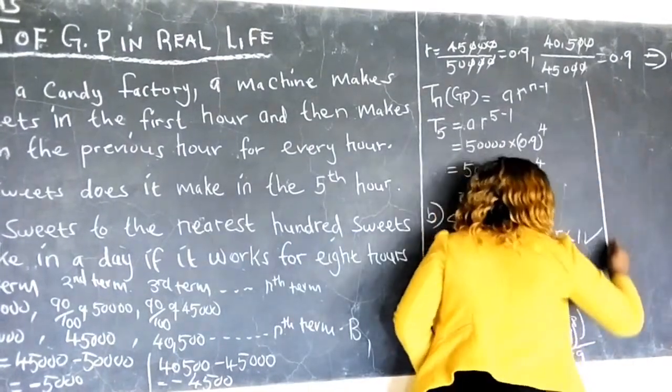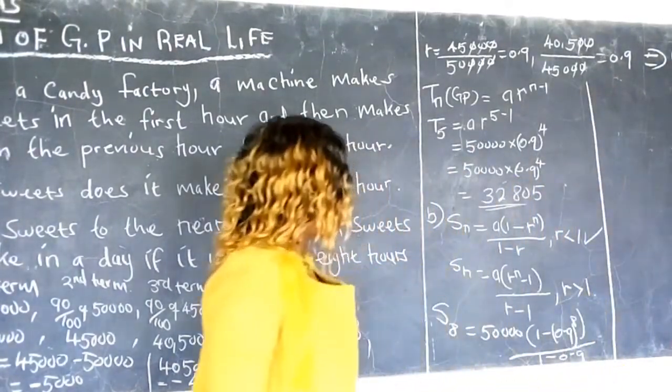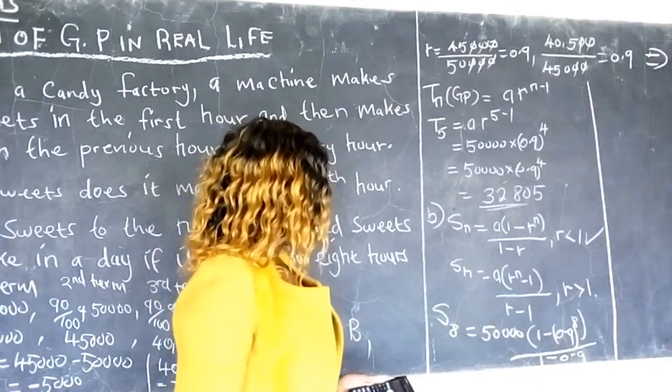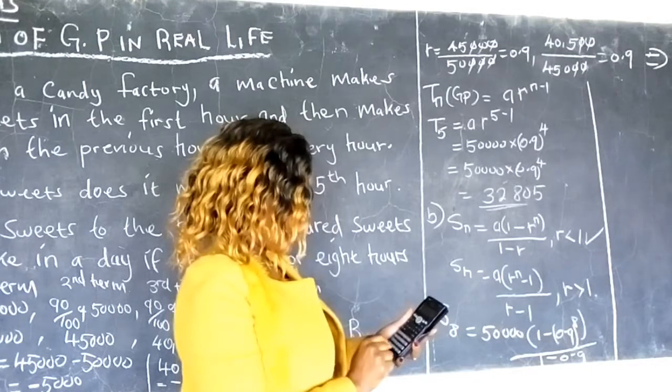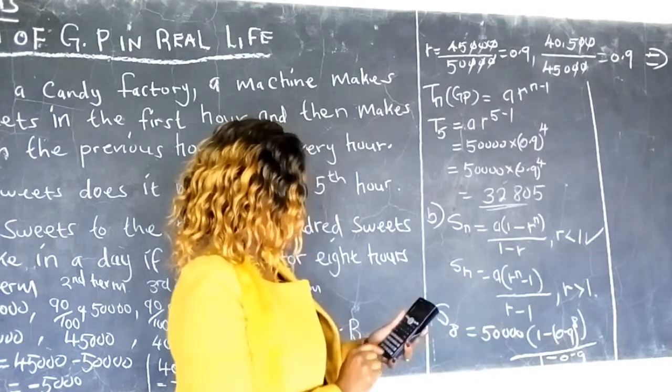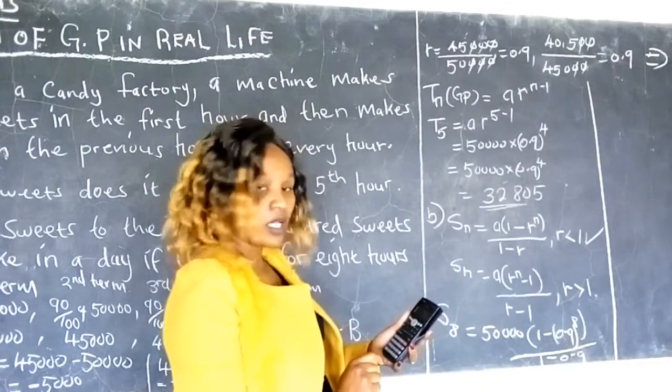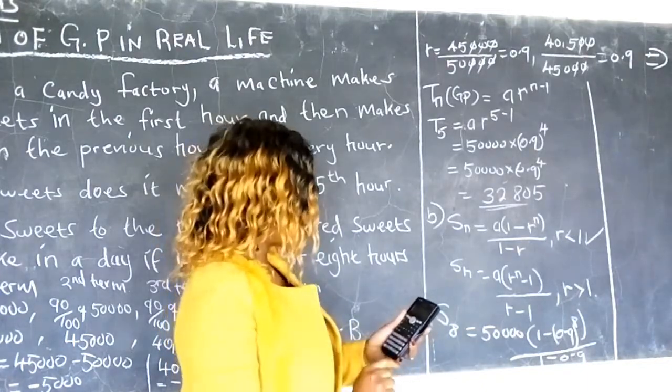So 0.9 to the power 8 gives 0.4304, a relatively long number.